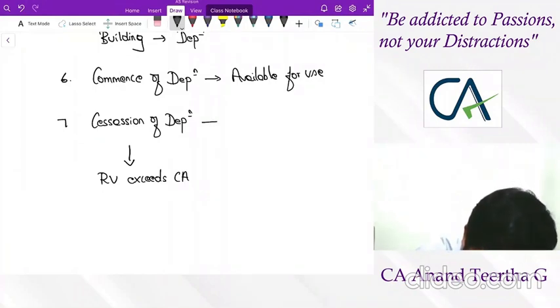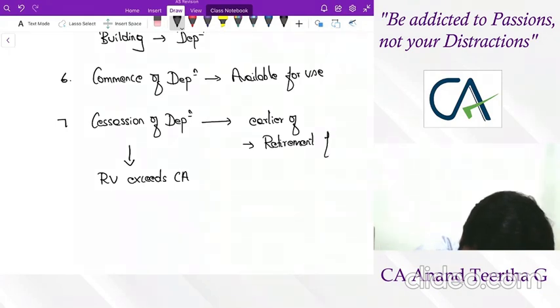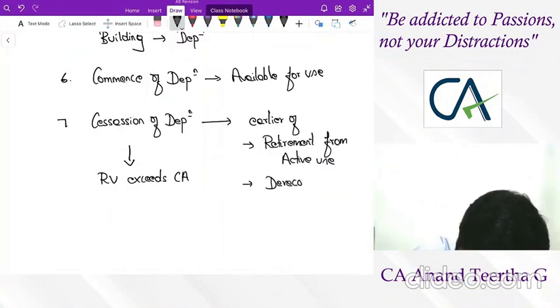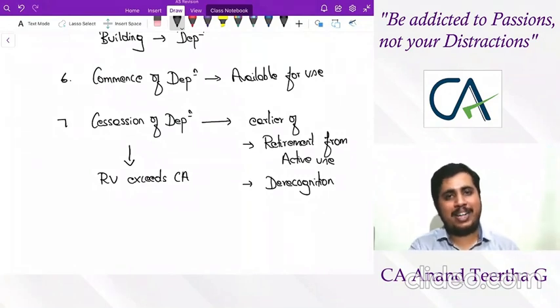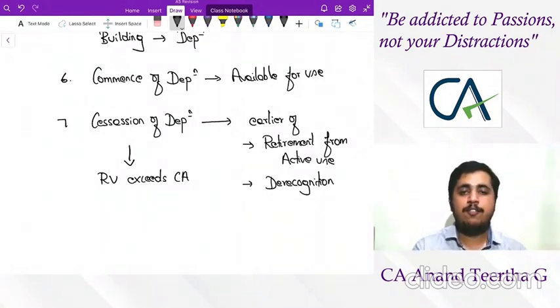Then the second situation is the earlier of retirement from active use or derecognition. Retirement from active use or derecognition, whichever is earlier, will be the cessation time of depreciation.